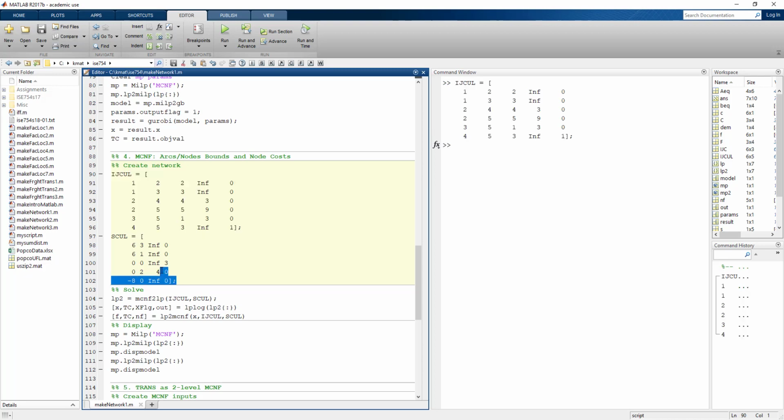We can do the same for the nodes, and here the original vector that just had the net node supply, what's been added first is a column of node cost as a second column, and then a third column is the upper bound on the amount of flow that can go across the node, and the 4th column is a lower bound.